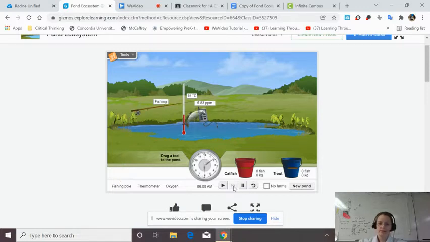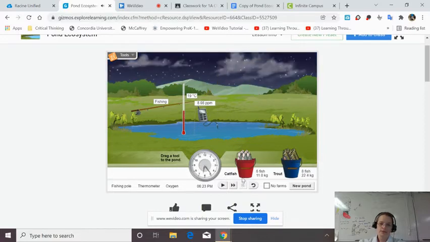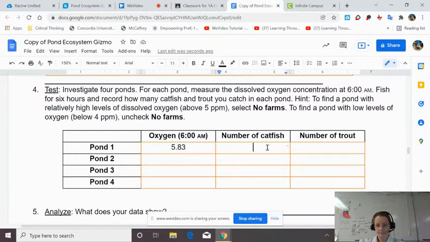So we're just going to fast forward this to 6 p.m. There we go. So we have 6 catfish, 8 trout. All right, so we reset.